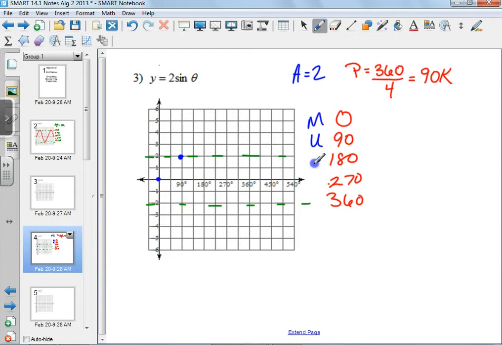And then at 180, where am I going to be located? Middle. And then at 270, I'm going to be at lower. And at 360, back to the middle. And then the pattern repeats. And then once you have your points plotted in, just connect them to make yourself a wave.